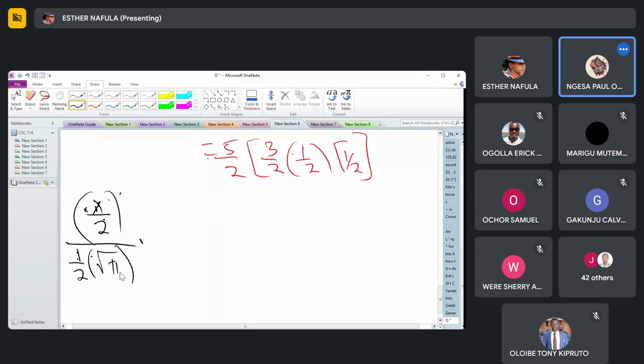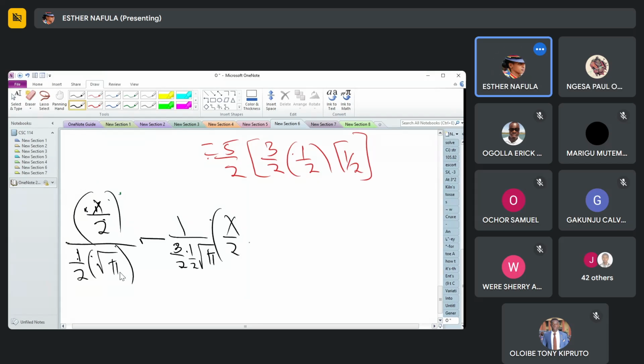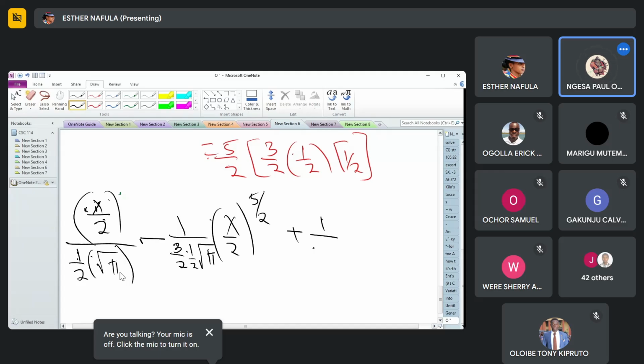1 over gamma of 5 over 2. But what is gamma of 5 over 2? 3 over 2 times square root of pi, times x over 2 raised to 5 over 2. The third term, you have 1 over 2 factorial gamma of 7 over 2.